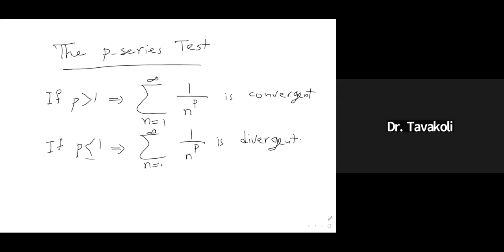Let's see some examples. Sigma of 1 over n to the power of 5, where n runs from 1 to infinity. I want to use the p-series test and determine convergence or divergence. This is a p-series.